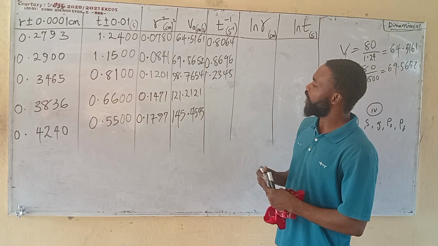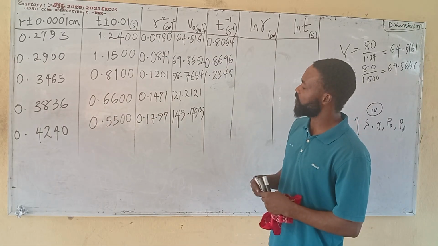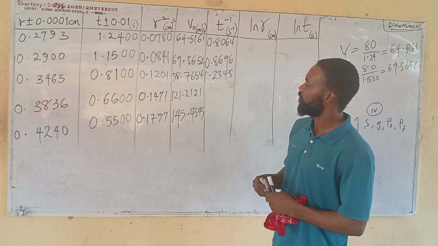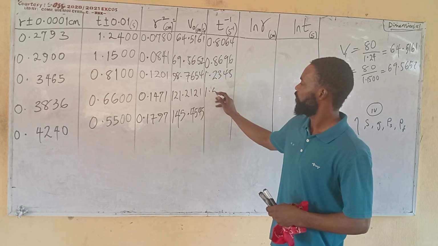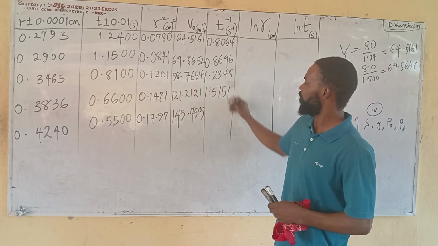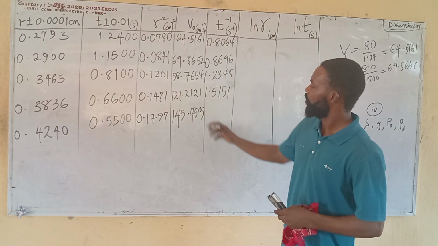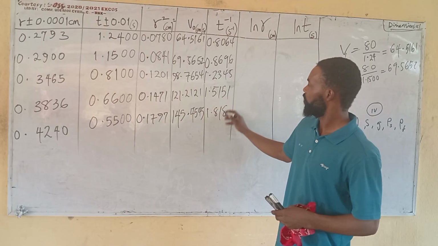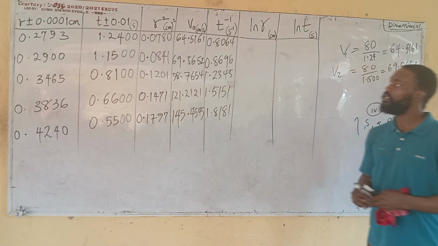Let's be fast. 1 over 0.6600. 1.5151. 1.8181.